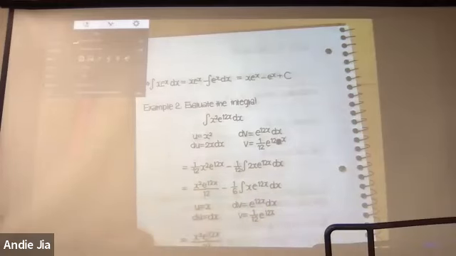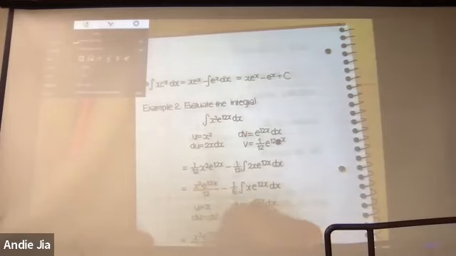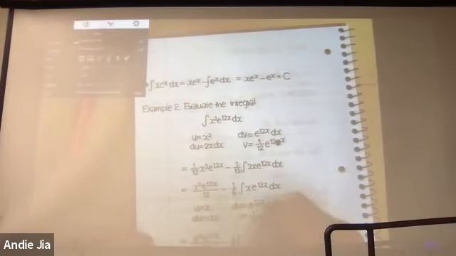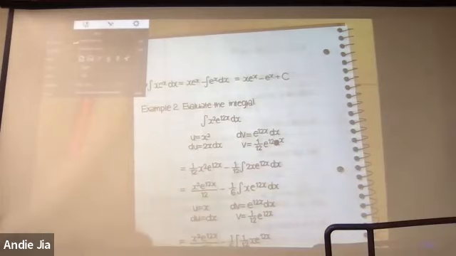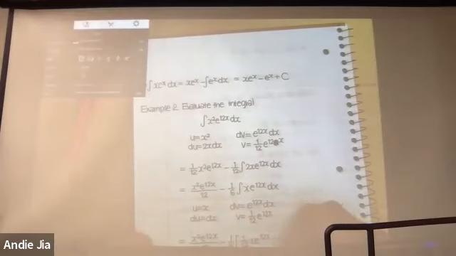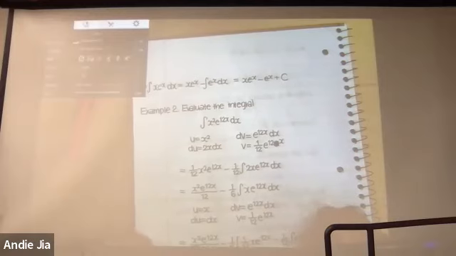We minus uv, which is going to be 1/12 x e^(12x), minus the integral of v du, which is e^(12x) dx.